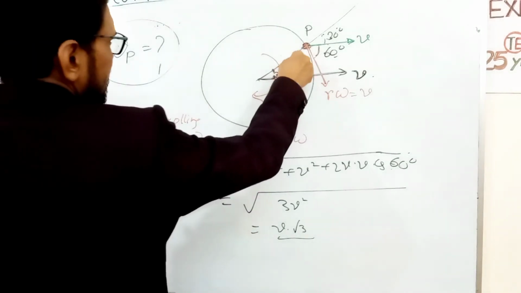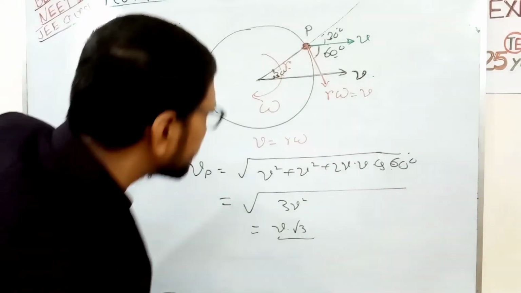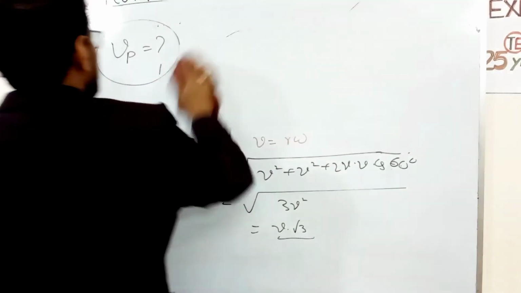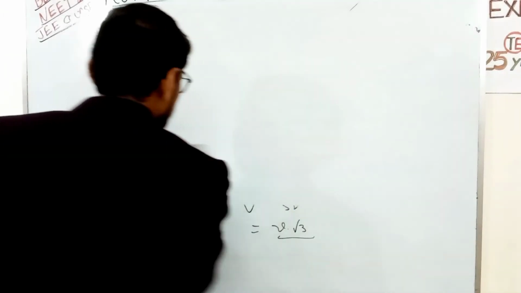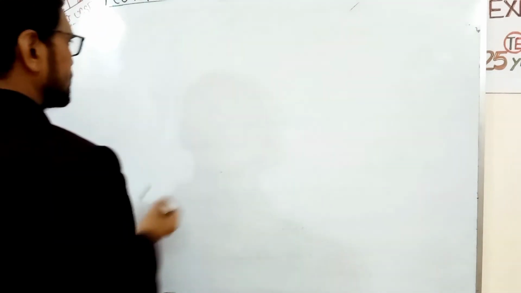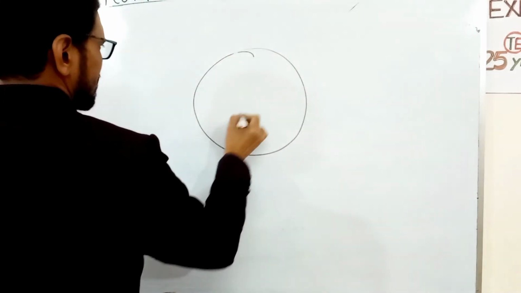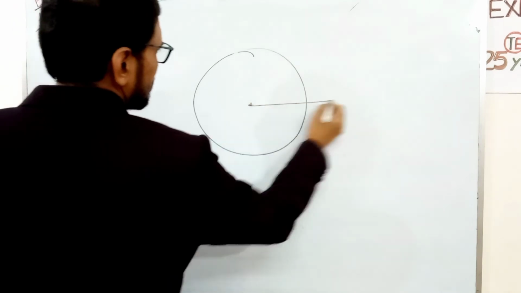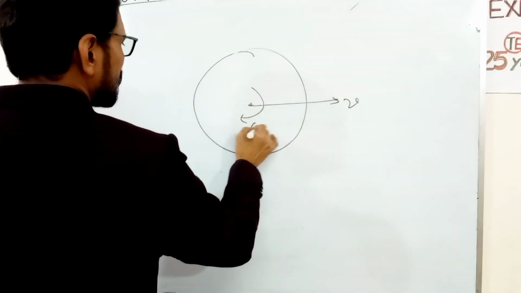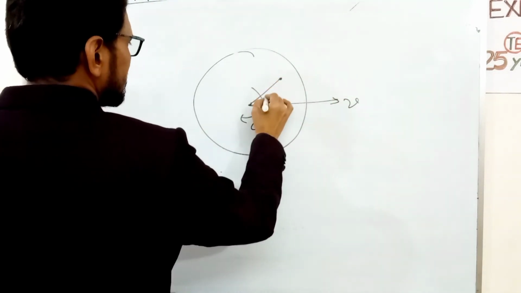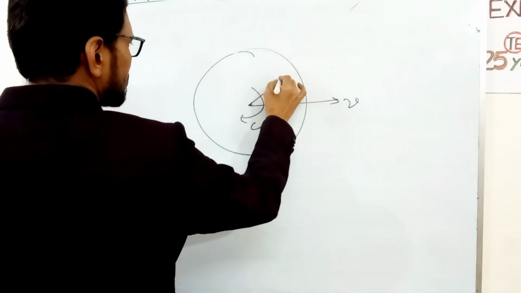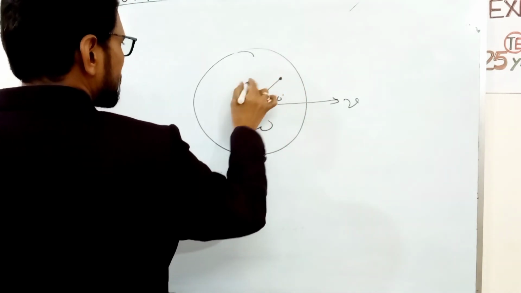Now if the point is here, suppose the body moves with velocity v and angular velocity omega. This angle is 30 degrees. What is the velocity at this point, which is at a distance r by 2?